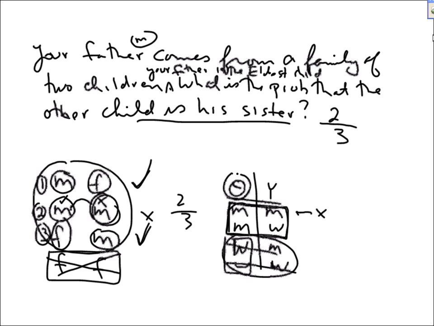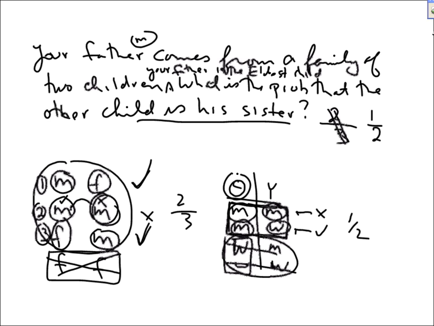Okay, so we have a man for the eldest, and then the youngest one is another man. Younger child, not a sister. You have the eldest being a man and the other one being a woman. That's yes. 1 out of 2. This time, it's 1 out of 2.